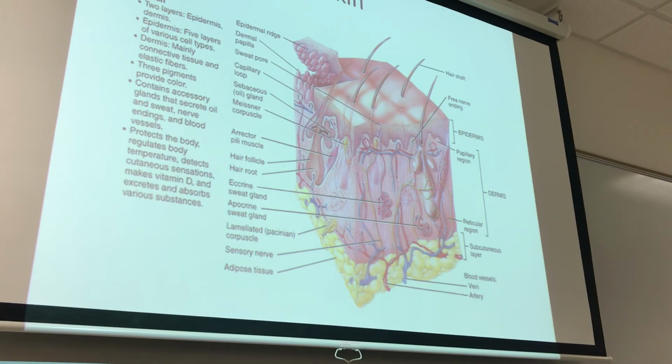The 2nd degree burn is what you see here. In a 2nd degree burn, you burn the epidermis and the dermis, right? So now you burn 2 layers of the skin. With a 2nd degree burn, you will always have the production of a what? Blister. You will always have a blister.